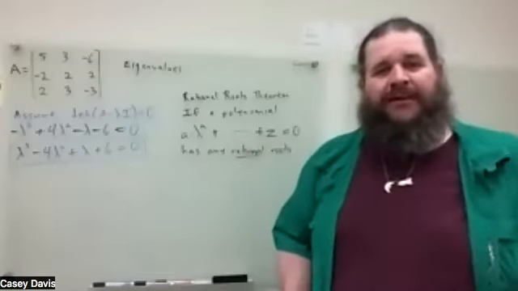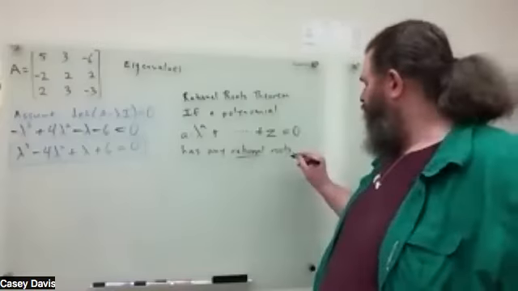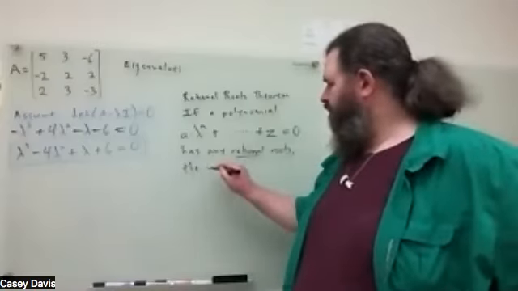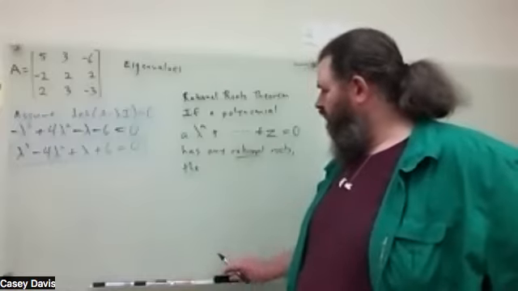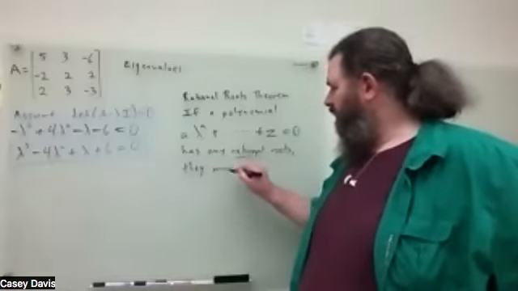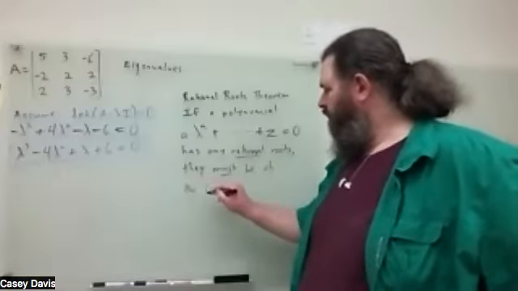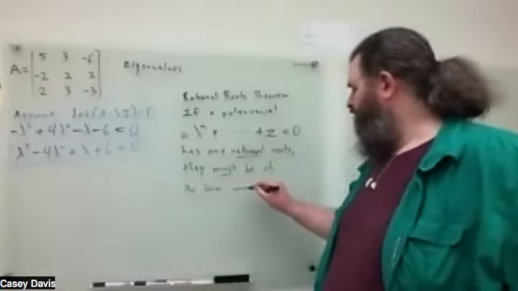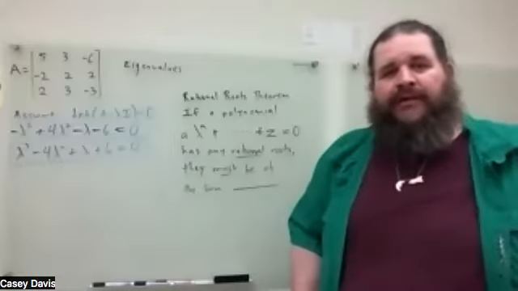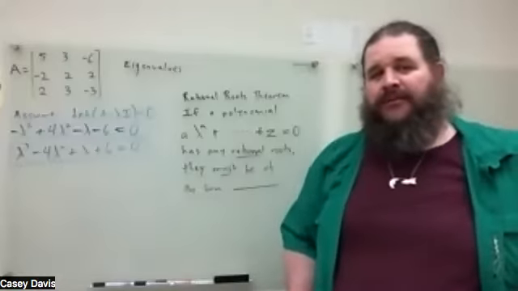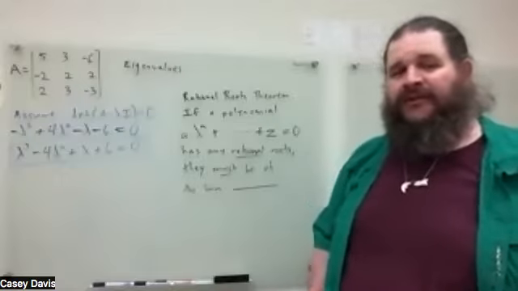rational just means it can be written as a fraction of whole numbers. So we can write it as a fraction. They must be of the form a fraction, and the numerator and denominator of that fraction have to be very specific formats.